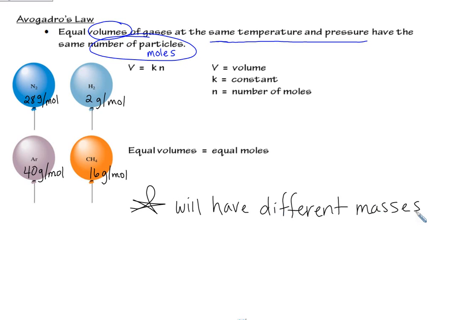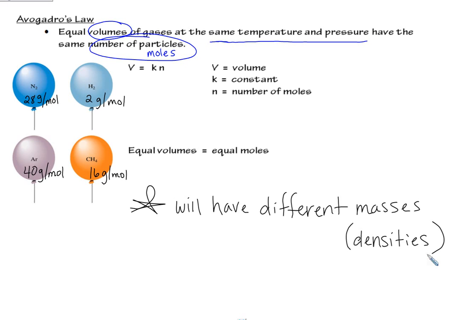And I could even go a little bit further and say densities. They're right. So if you were thinking that the first time you were looking at these balloons, yes, you are right. These balloons will have different masses and different densities. They're different masses per the same volume. So that's why their densities will change.